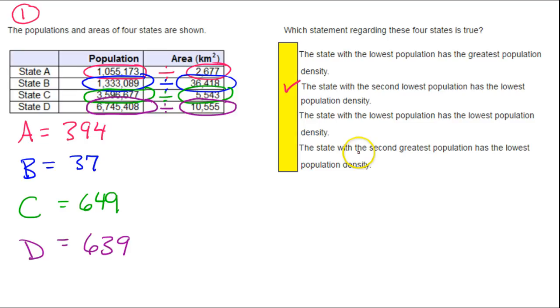No. Second greatest population, lowest population density? No, that's not true. All right, so it looks like only the second statement is true. Let's see how we did. Yep.